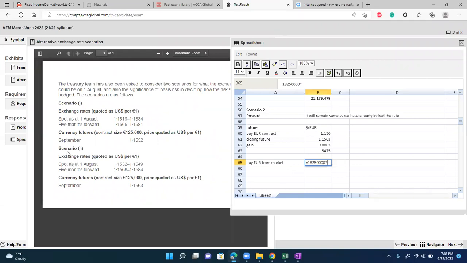Now, in the second scenario, the spot rate is 1.1549, and the gain is included. So the net payment is 21.071 million total payment.